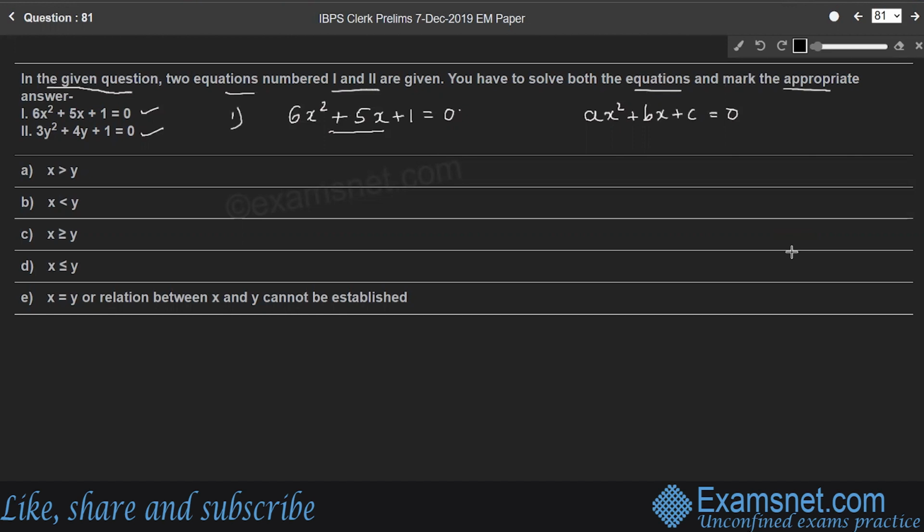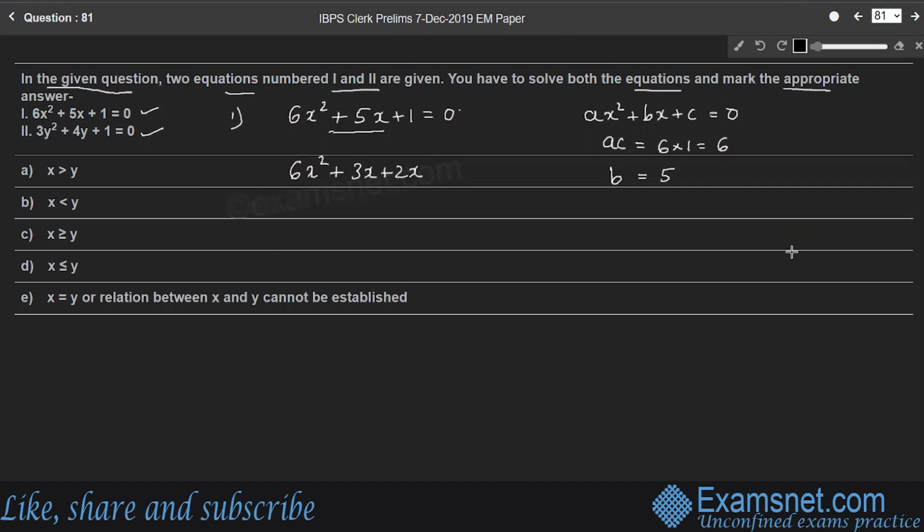Right? Here we have to split the middle term, that is 5x, in such a way that, here a into c is 6 into 1, which is 6, and b is 5. So split the middle term in such a way that we'll get 2 terms here: 6x square plus 3x plus 2x.